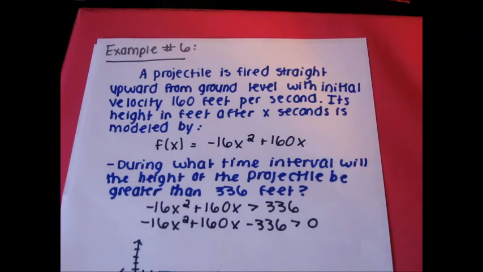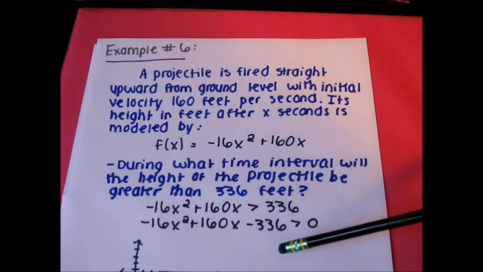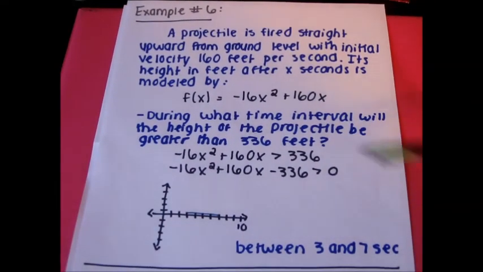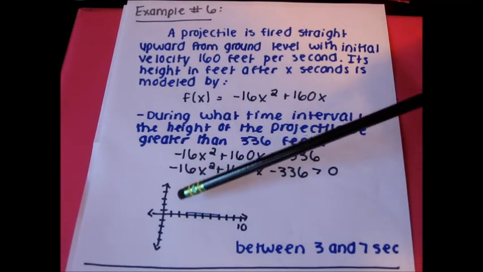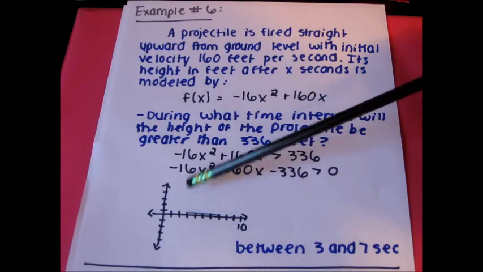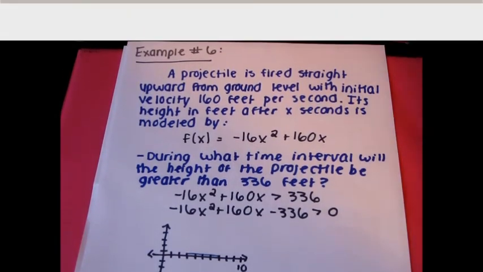Now the only way to solve this would be to graph it. So once again we're going to put all of our values to the left side and put 0 on the right. And when you graph this, you're just going to get a curve like this. You're basically just going to find out where it stops. So right here it stops at 3 and stops at 7. So your answer would be between 3 and 7 seconds.